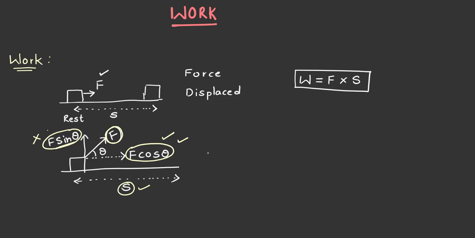So this time we can write the work done as the product of force and displacement, but this time the amount of force which is contributing to the displacement is F cos theta and the displacement is S. Then we can generalize and write it as Fs cos theta.